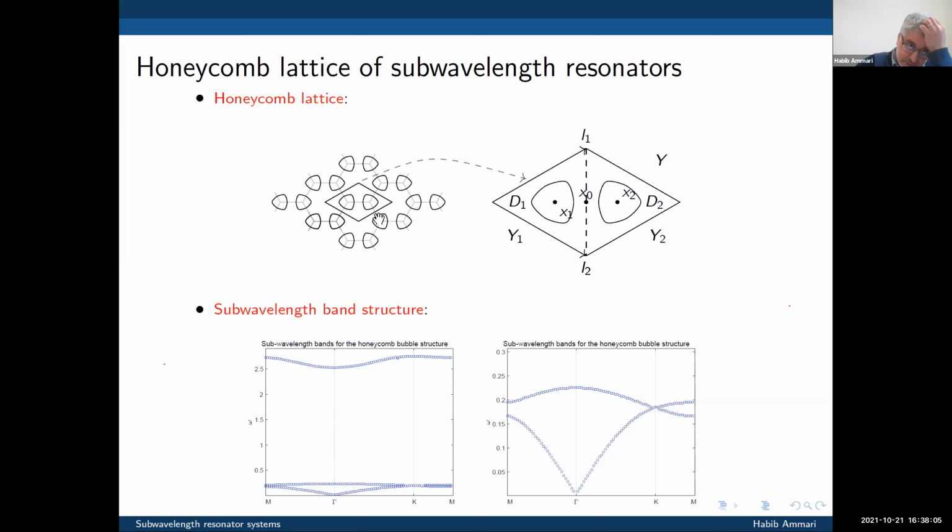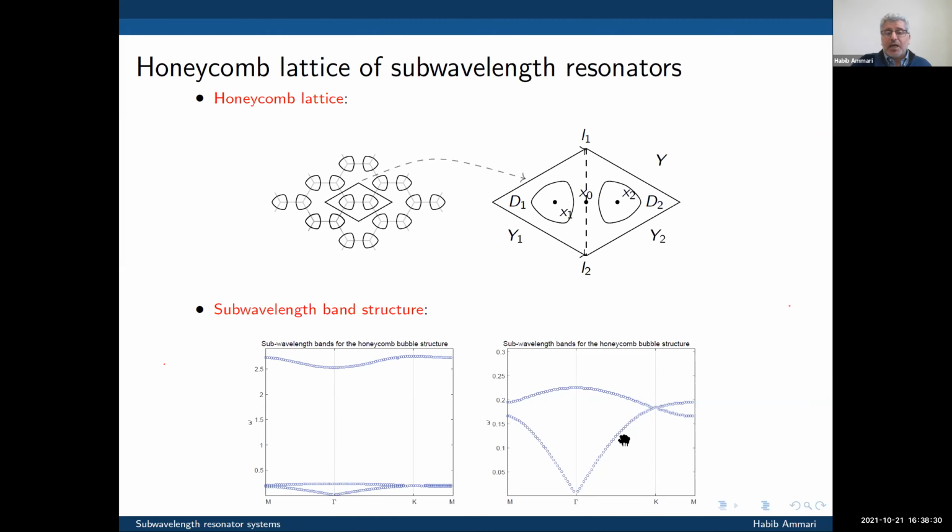Let's consider this honeycomb lattice. You can make a honeycomb lattice out of dimers. As I said, for a dimer there are two band functions, because there are two resonators. There will be two band functions in the subwavelength regime. It turns out, because of the symmetry, these two band functions cross each other at some symmetry point, which is this K point.